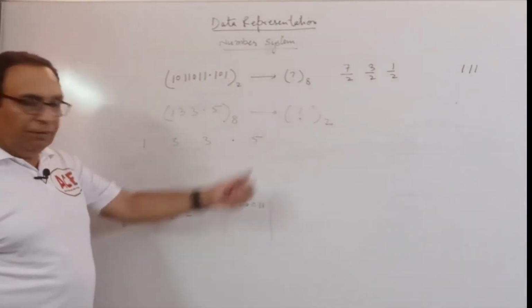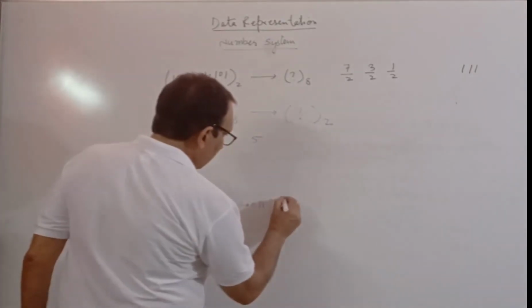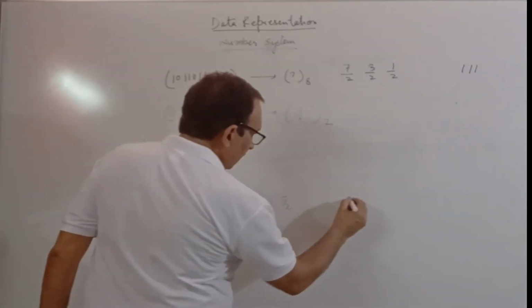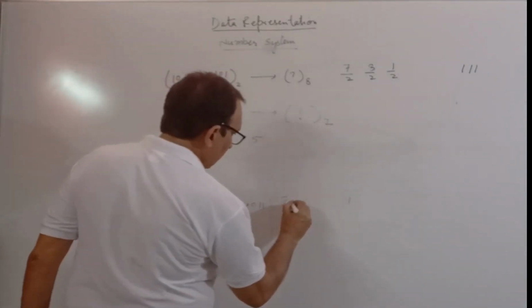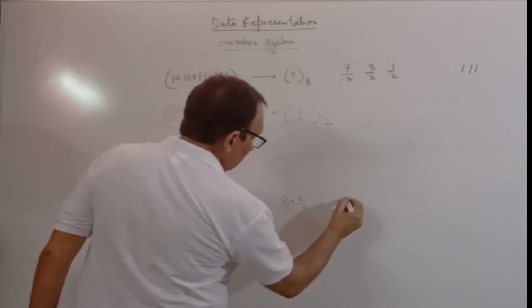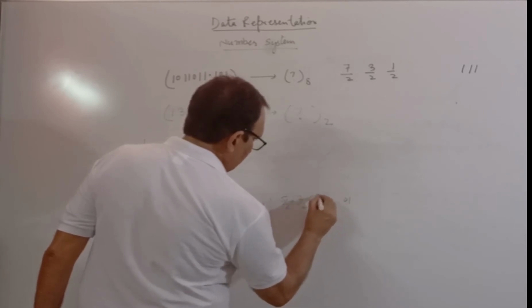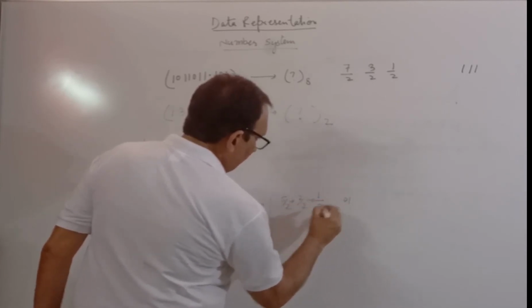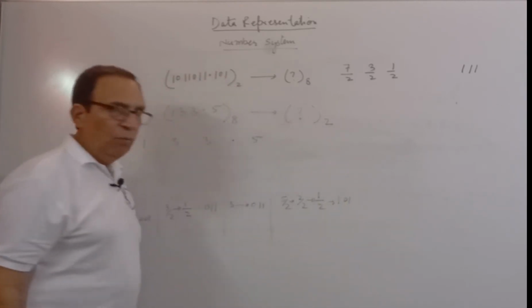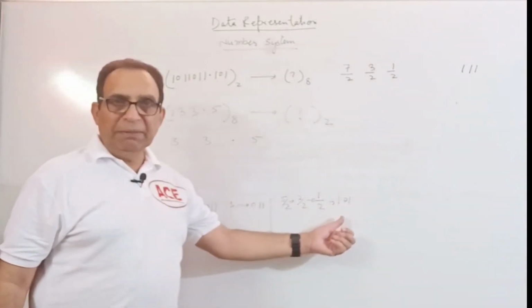Let us see 5, equivalent of 5. 5 divided by 2, remainder is 1, quotient is 2. 2 divided by 2, remainder is 0, quotient is 1. 1 divided by 2, 1 cannot be divided, so it is coming 101 and it has already 3 bits.